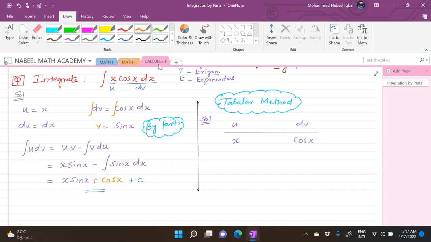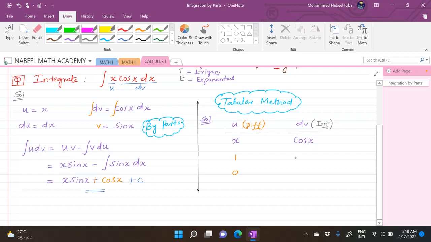Now here you have to differentiate continuously. If you differentiate x, you will get 1. If you differentiate again, 1 becomes 0. Whereas here we have to integrate continuously.